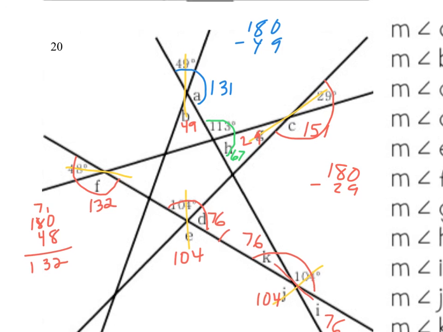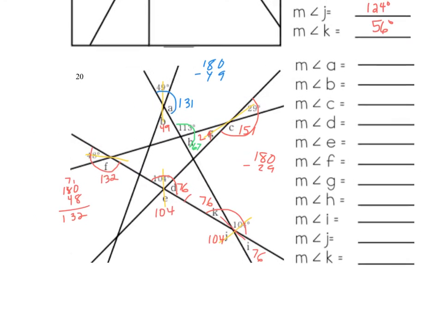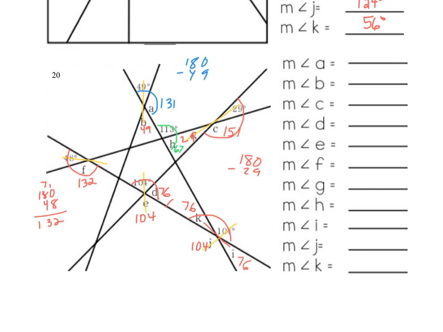Now I got to put them on the lines. So A, where's my highlighter? A is right here. So that's 131. B is right there, 49.